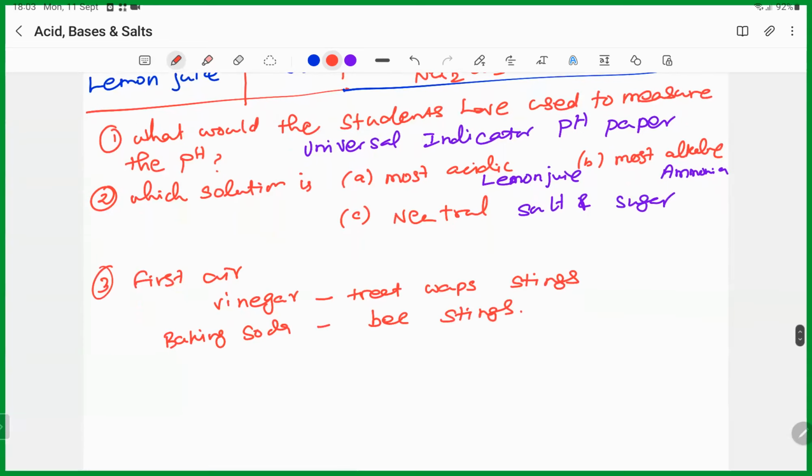What does this information tell you about the chemical nature of bee stings?